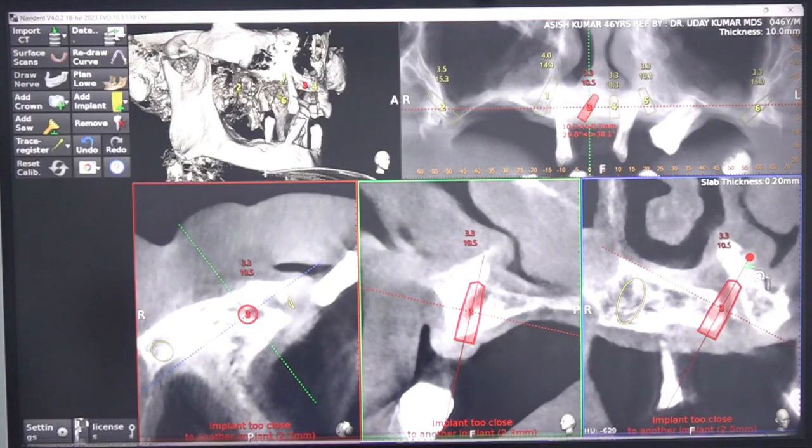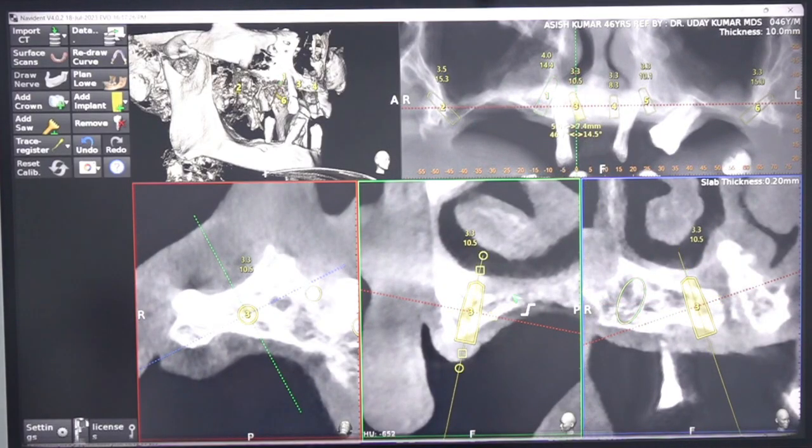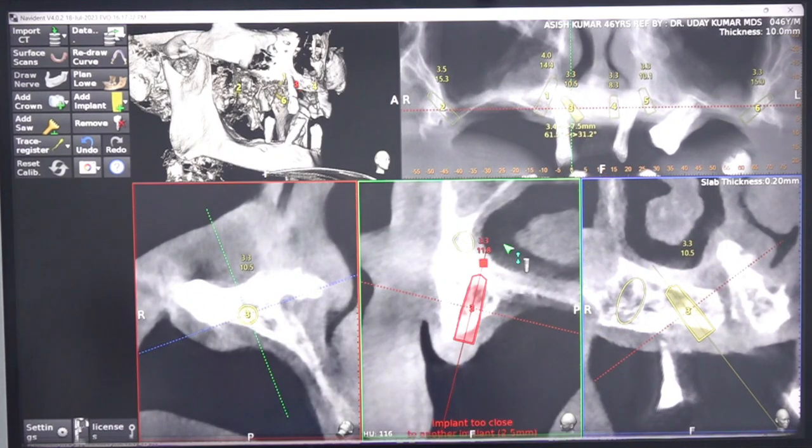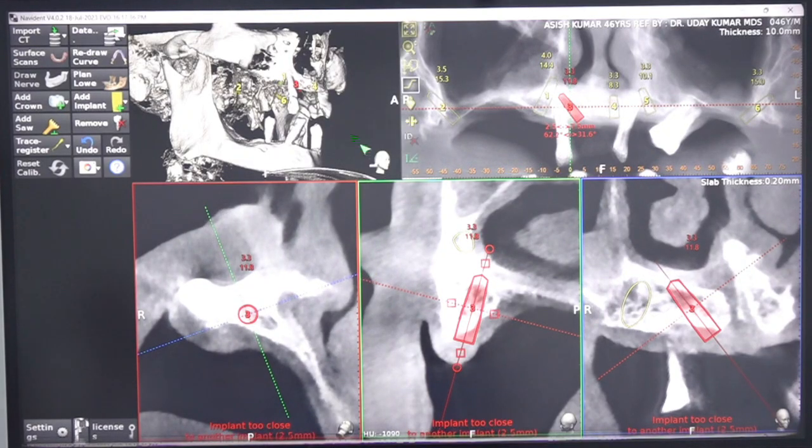So either we will do an axial 8 implant or tilt, angulate distally, and place a 10 implant.